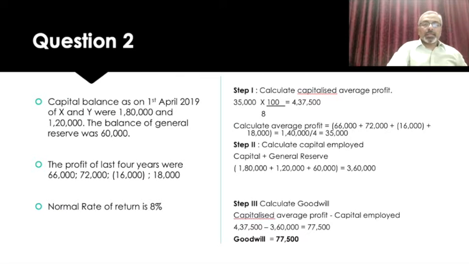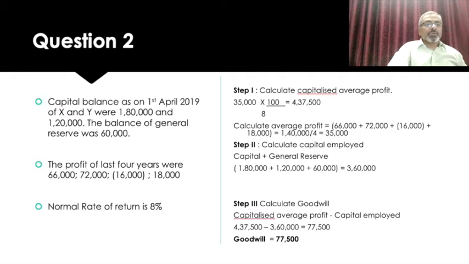Now let us take another problem. In this case, we are given the capital balance as on 1st April 2019 of X and Y, who are the partners of the firm, and their capital balance is 1,80,000 and 1,20,000 respectively.